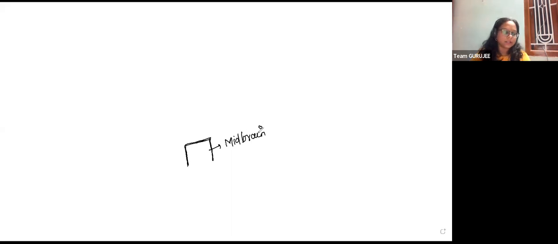Now, I have drawn till midbrain, so I'm not drawing it again. On the roof of the midbrain, on the top of the midbrain, there is a structure like this.